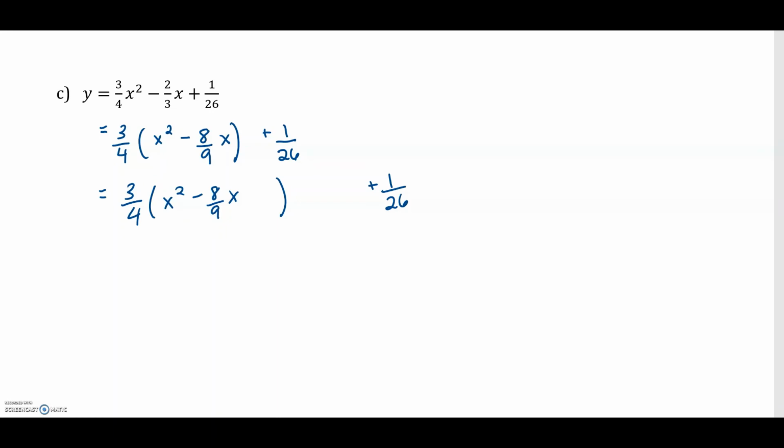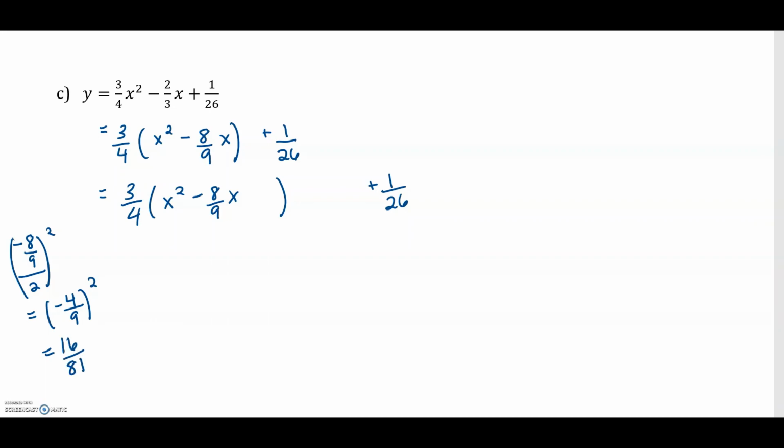To figure out what we need to add in, we take the negative 8 over 9, divide it by 2, and then square it. Okay, what this ends up giving us is negative 4 over 9 squared, which can be written as 16 over 81.